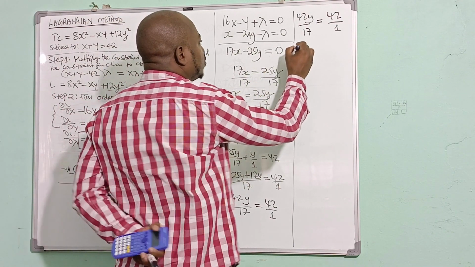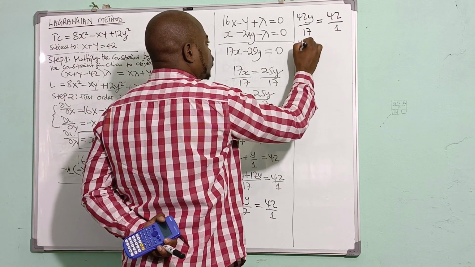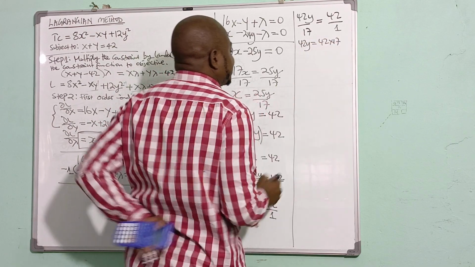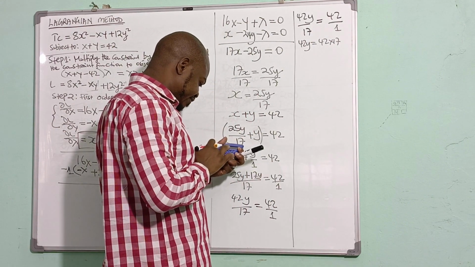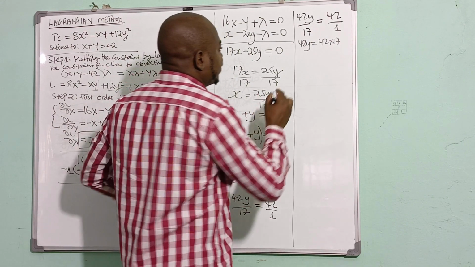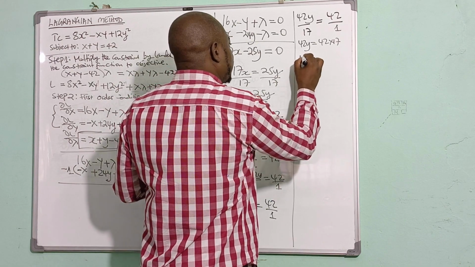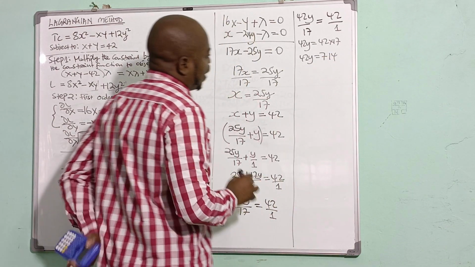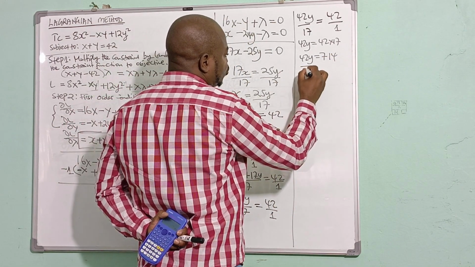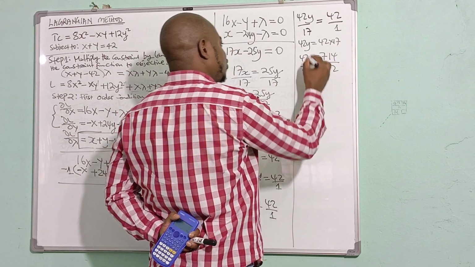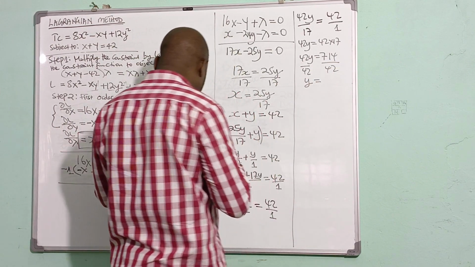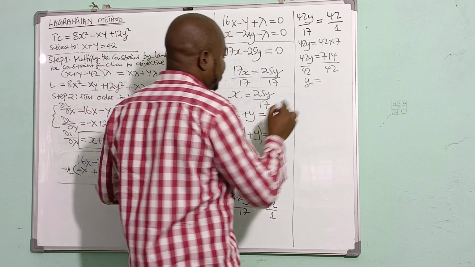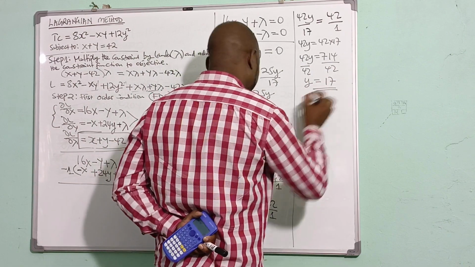So I'm cross multiplying now. 42y multiplied by 1 will be 42y is equal to 42 multiplied by 17. 42 multiplied by 17 is 714. So I have 42y is equal to 714. I'm dividing 42 this side, 42 the other side, so I remain with y. 714 divided by 42 is giving me 17. So y is equal to 17.